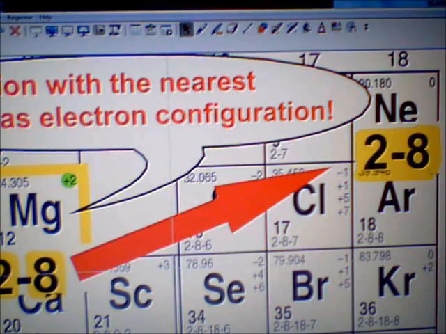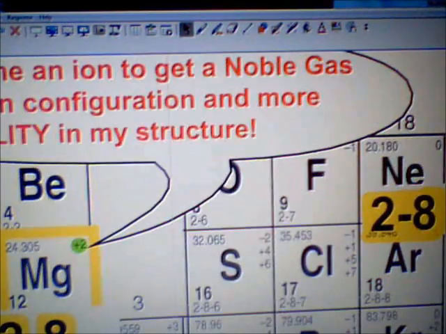By becoming an ion, magnesium now has the same electron configuration as the nearest noble gas. This happens to be neon. When it has a noble gas electron configuration, magnesium is very stable.